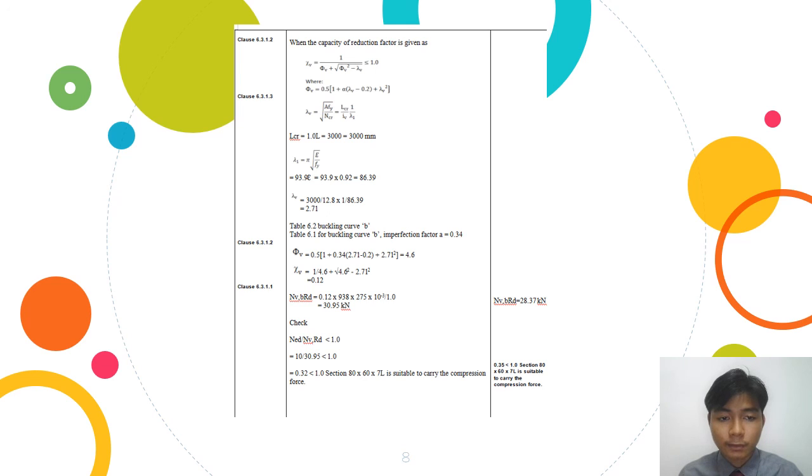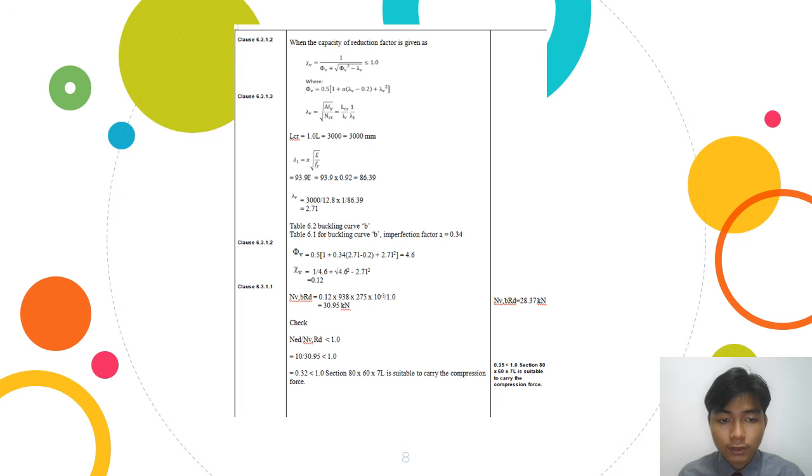Table 6.2 buckling of b. Table 6.1 for buckling curve b, imperfection alpha equals to 0.34. So from clause 6.3.1.2, phi equals 0.5 times bracket 1 plus 0.34 bracket 2.71 minus 0.2, plus 2.71 to the power of 2, equals to 4.6.